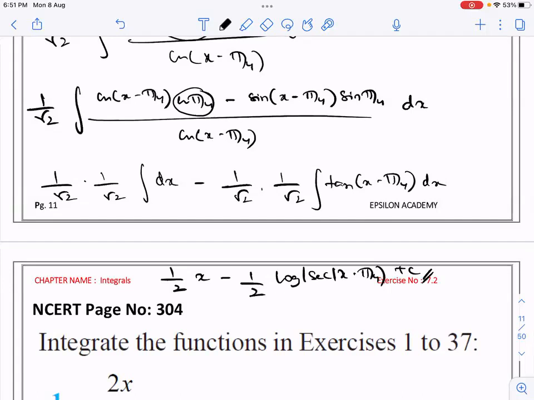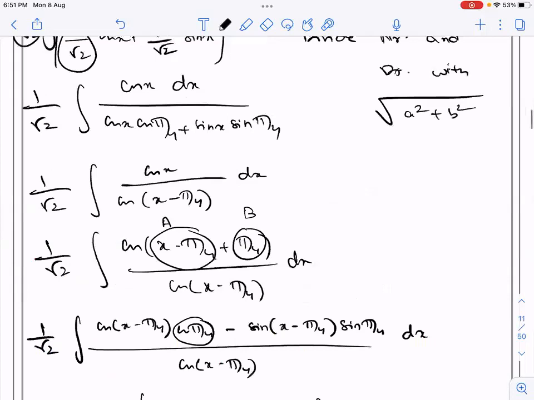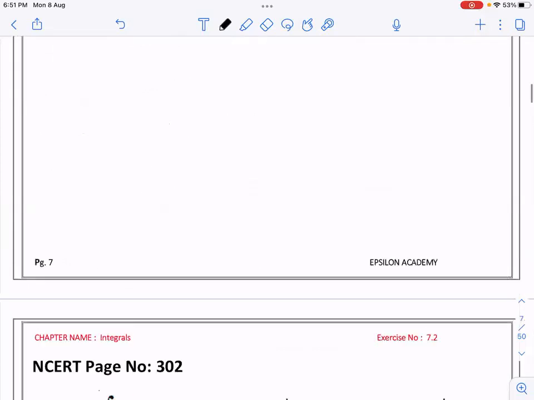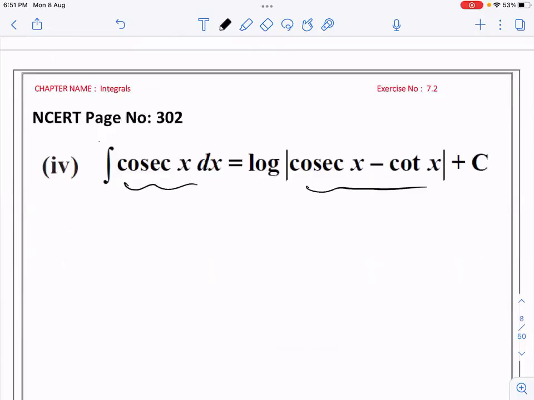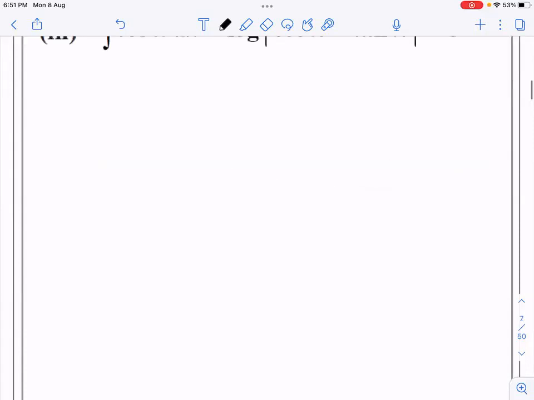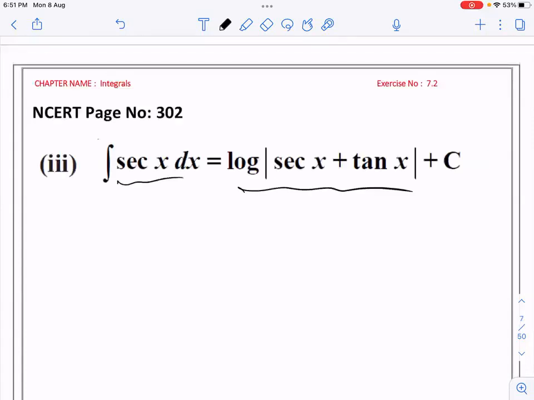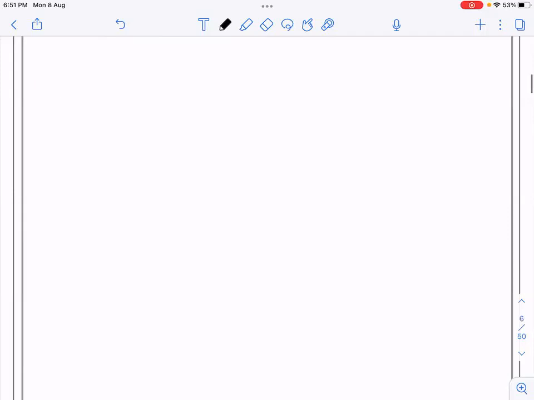This is going to be the answer. It's there in the textbook, no? Okay, it's there. In this exercise, I have it in the beginning itself. So integral of cosecant is this thing. Integral of secant x is log of secant x plus tan x.